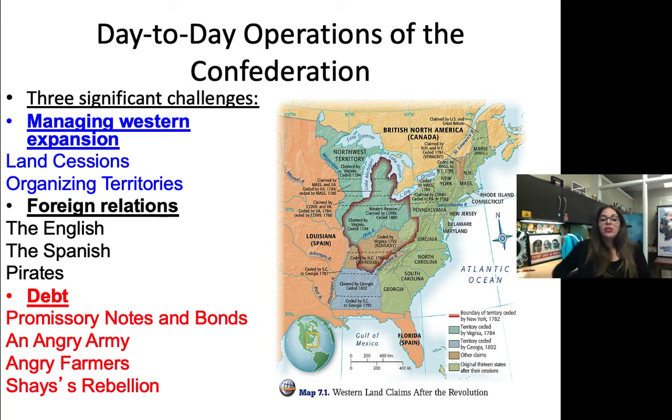And so they're actually asking the government, the courts, to do something to stop those foreclosures, but the courts do not. The farmers are going to storm the courthouse. They're led by Daniel Shays, a former Continental Army officer, and they seize control of the federal arsenal. Things are getting pretty ugly.